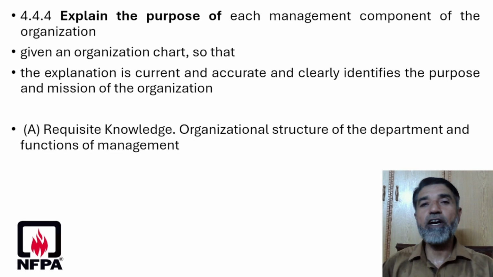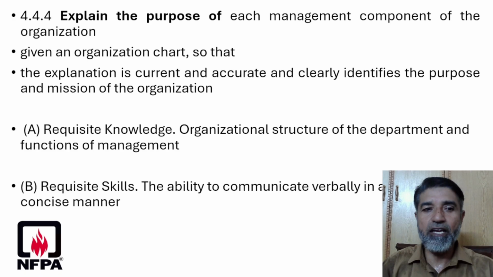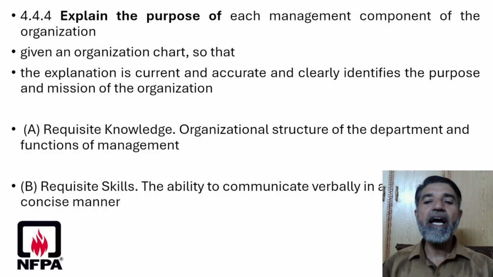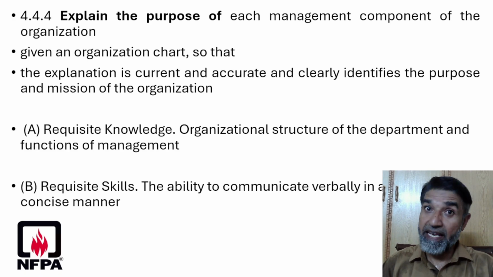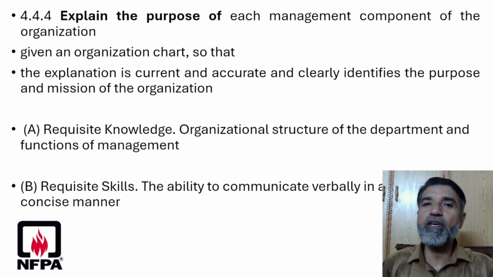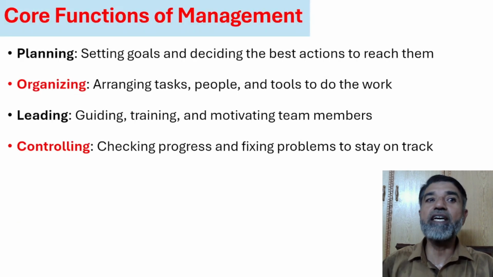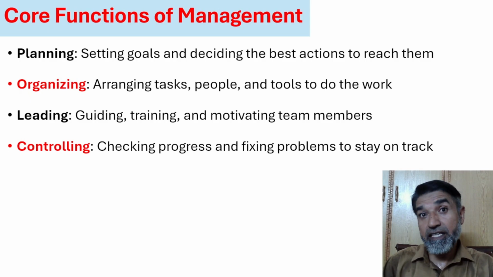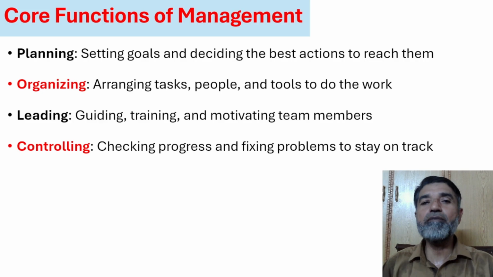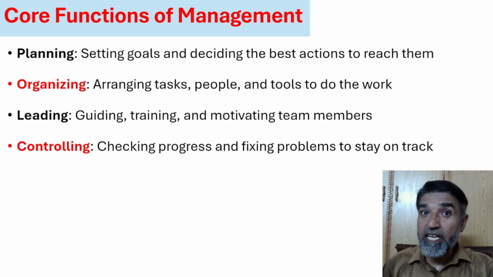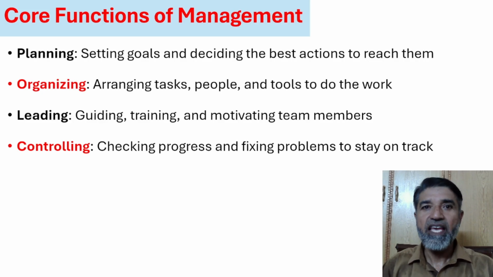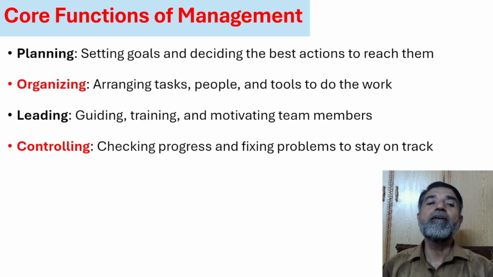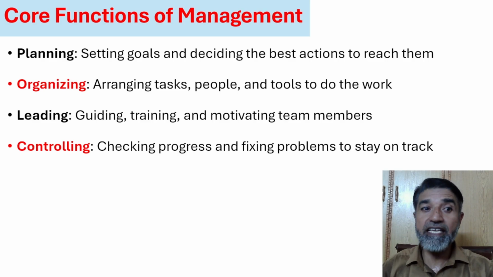In both areas a Fire Officer 1 must be competent, with the ability to communicate verbally in a clear and concise manner. He should be formal, competent, thorough and focused on the management function. The core functions of management, including human resource management and physical resource management, are first planning, then organizing, then leading, and then controlling.